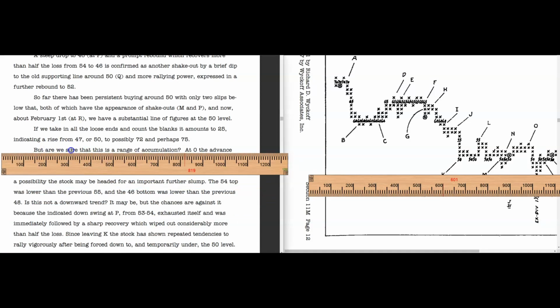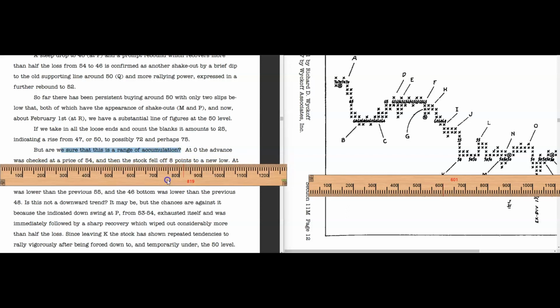But are we sure that this is a range of accumulation? How do we know this is accumulation? Could be bullshit. Later on, we'll see how to use the bar chart in conjunction with this to identify that, yeah, it is accumulation.